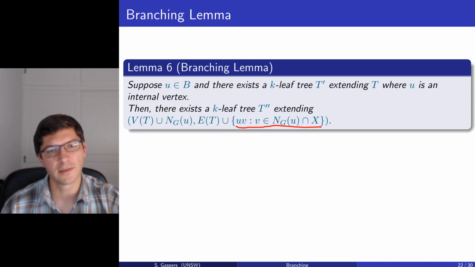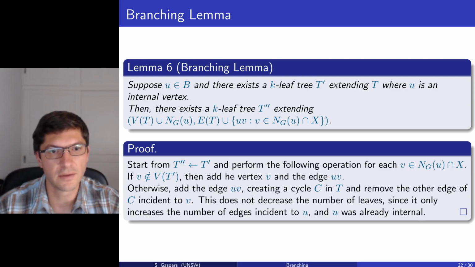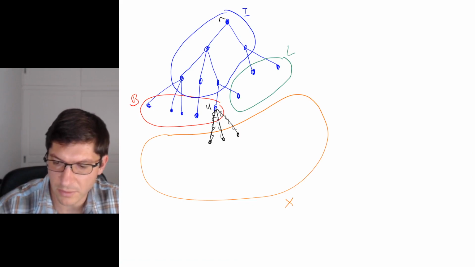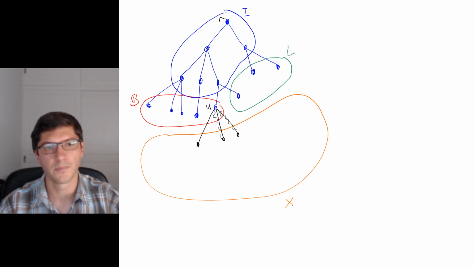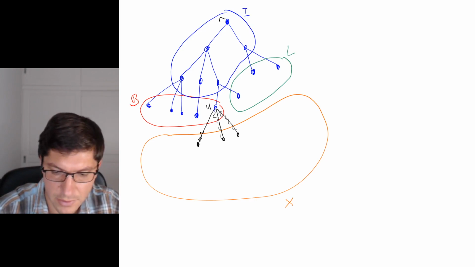So why is that the case? We start from T prime. T prime might not contain all of these edges. Maybe it just contains two of them and there's one missing one. So we start from this one. And now we check what happens if we actually add this edge.